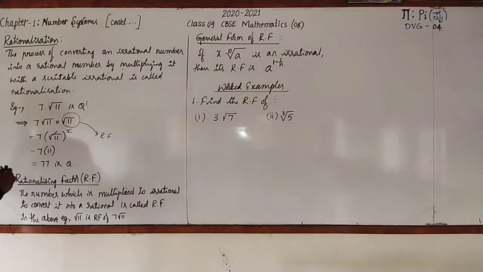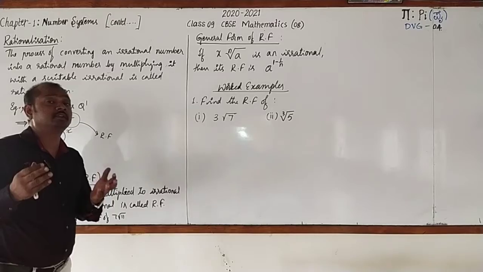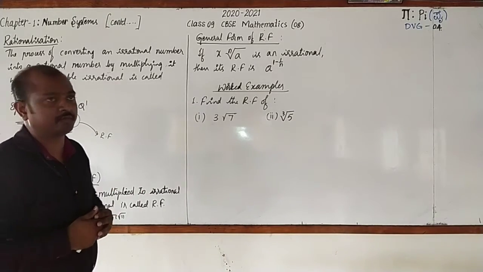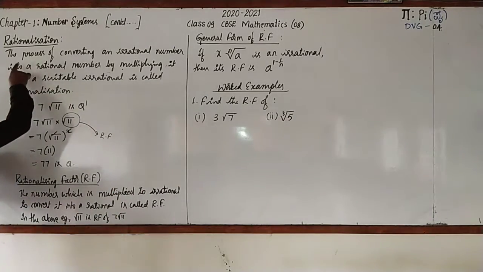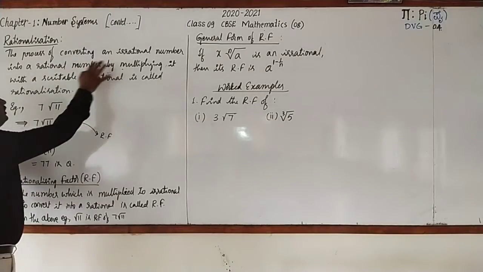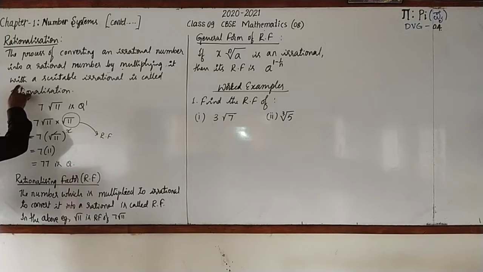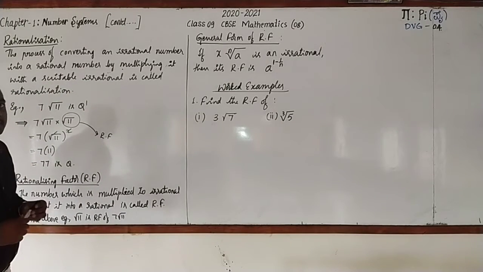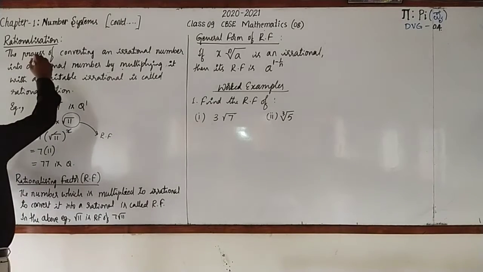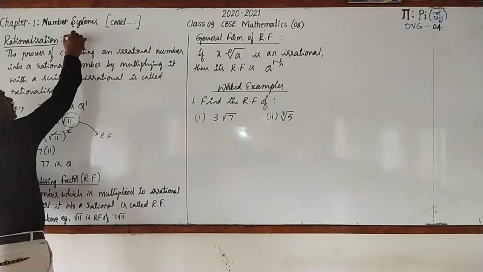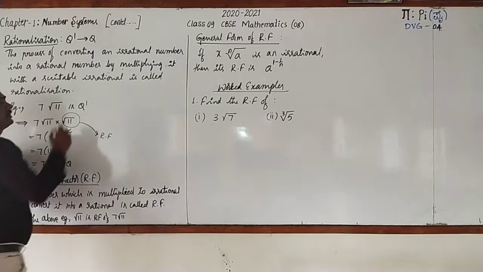Here we have the definition. I think you might have already written the definition of it. Just go through that. The process of converting an irrational number into a rational number by multiplying it with a suitable irrational is called rationalization. So rationalization is nothing but converting irrational into rational.